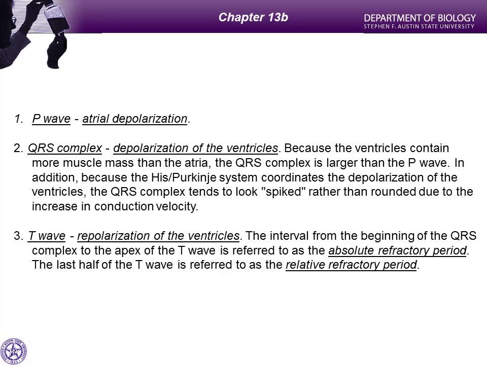That's important because the faster your heart rate goes, the closer these waves get together to the point that, okay, you're getting into that relative refractory period. You can't go any faster because you can't establish a second action potential any sooner because of the relative and then the absolute refractory periods.